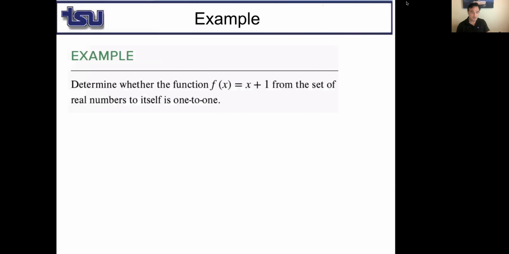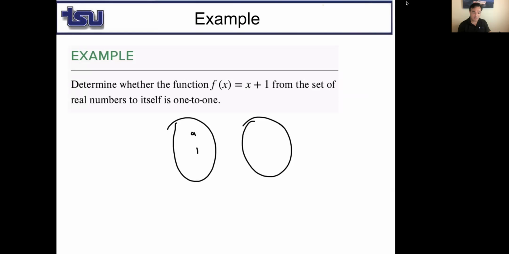Okay. How about this? Is this one-to-one? Well, think about this. If this is the domain and this is the codomain, assume that I have A and B, okay? Then f of A will be A plus 1, and f of B will be B plus 1.